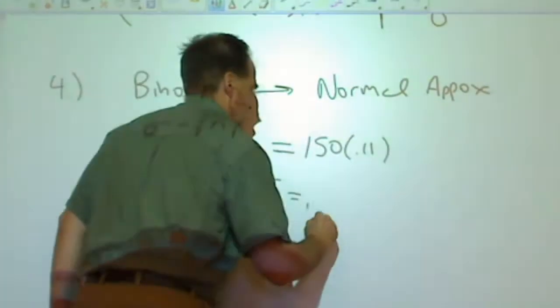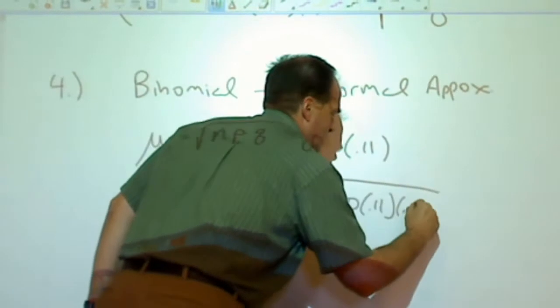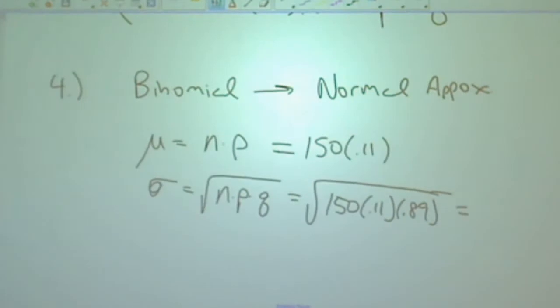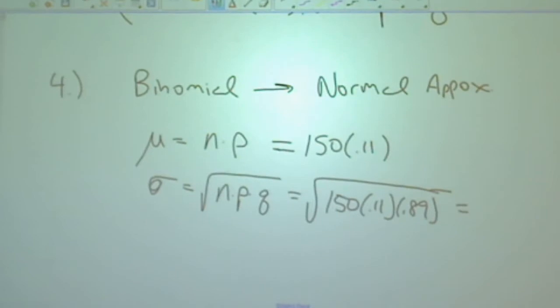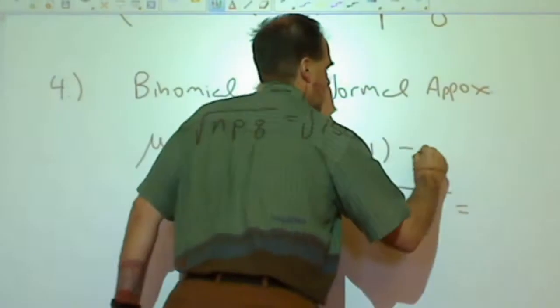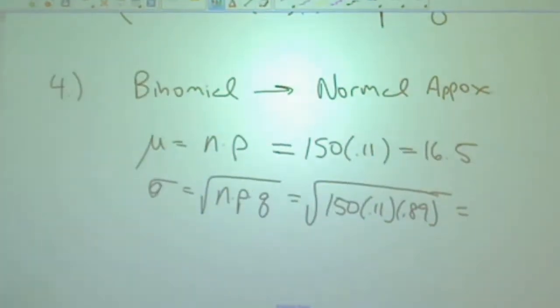And then square root of 150 times 0.11 times 0.89. 16.5, 3.83.